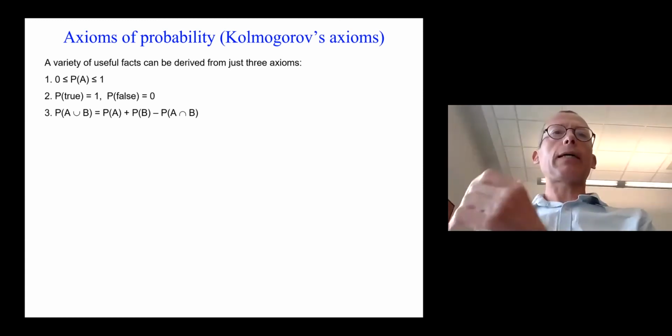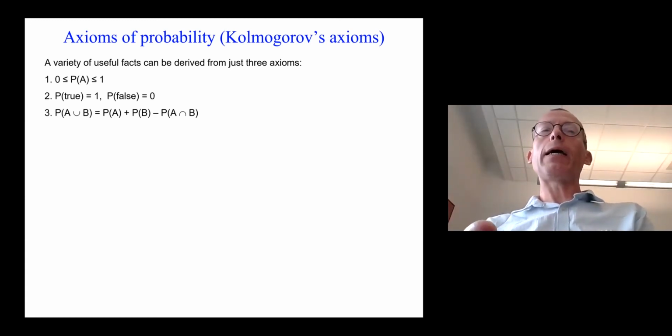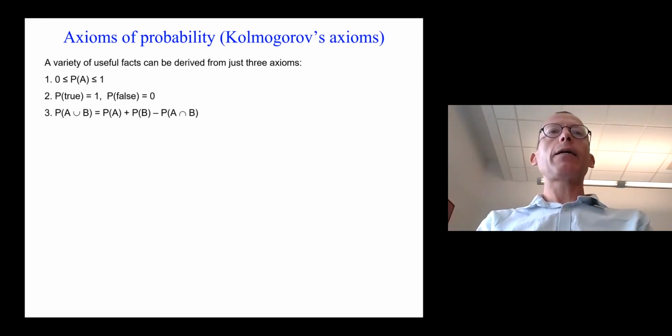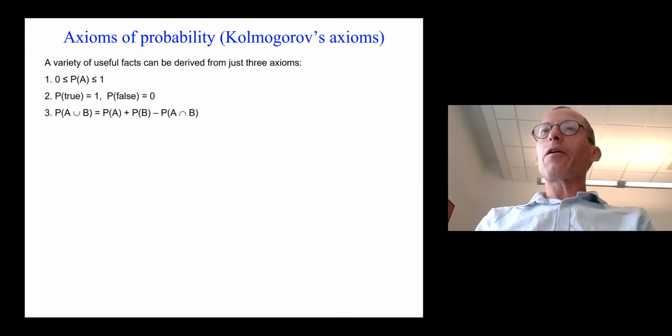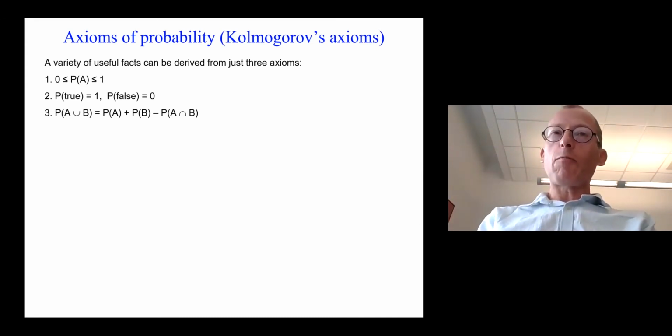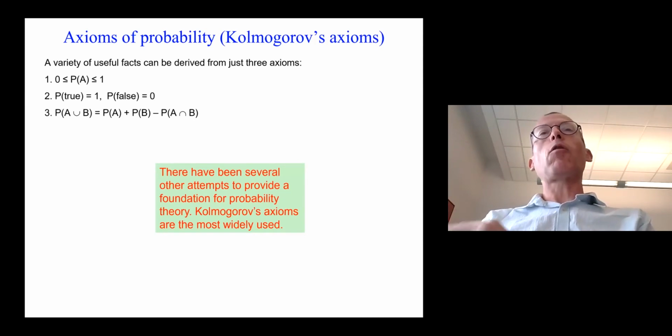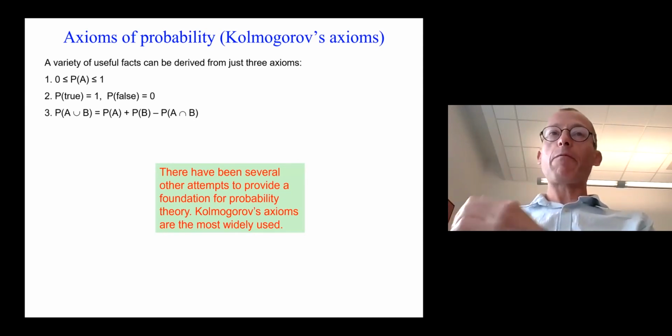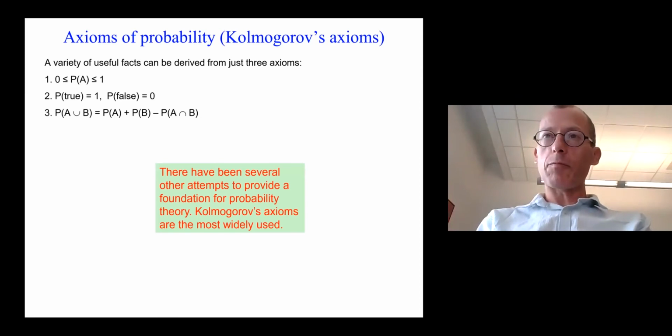And the union rule says that for two random variables, the probability of A or B is the probability of A plus the probability of B minus the probability of A and B. These are the axioms, and a lot of the other rules we obtain for probability functions can be derived from these three axioms. There are other axioms, but these are the most commonly used.